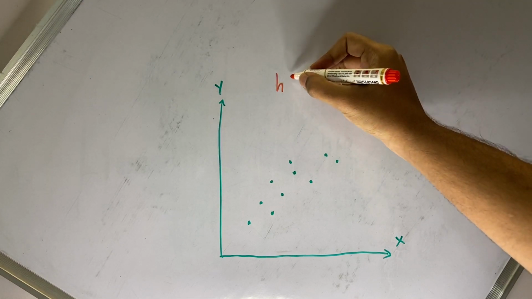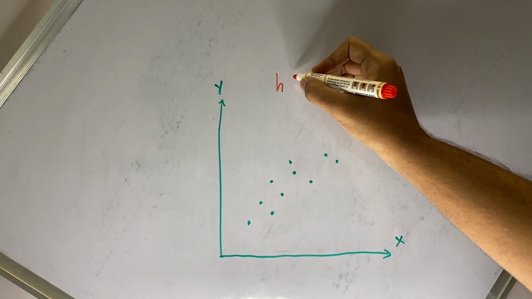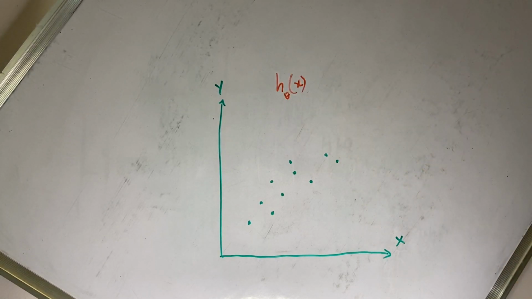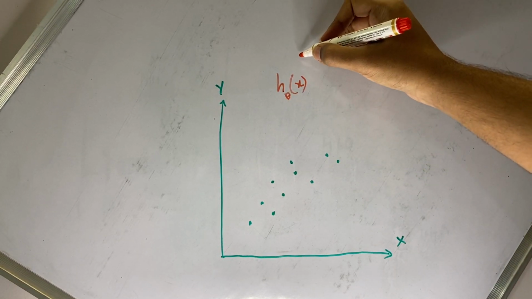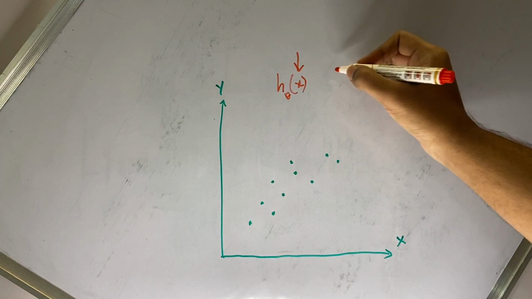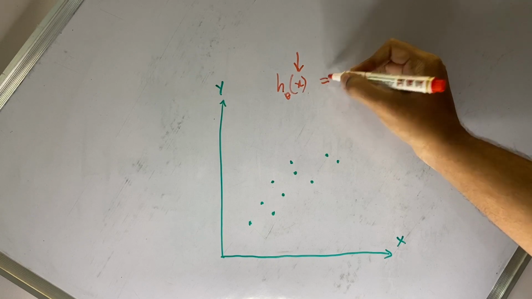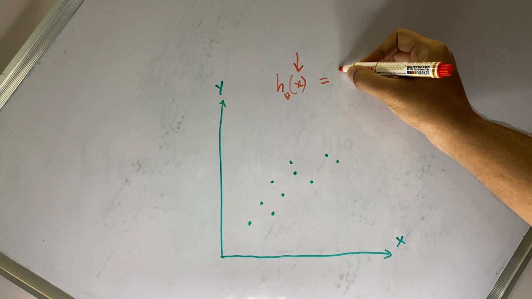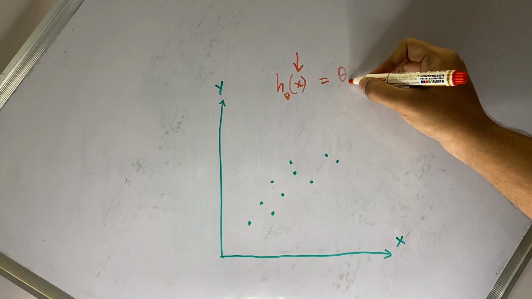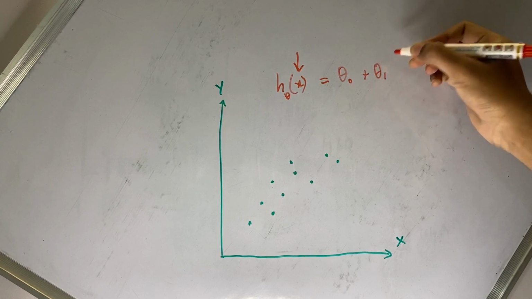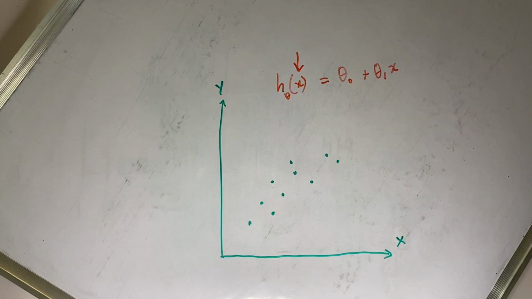We represent the hypothesis using this equation. Let us say the hypothesis is parameterized by theta. It takes in the input x, which will be the size of the house. And then we have two parameters. One is the bias term, that is theta 0, and then theta 1, which is multiplied by x.